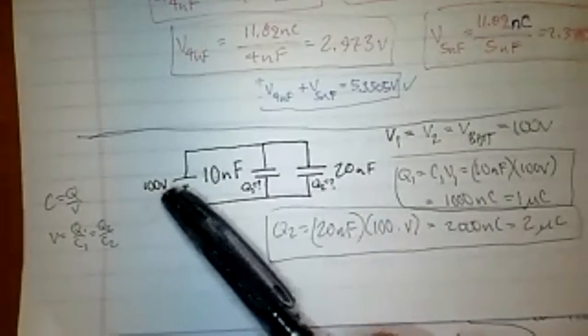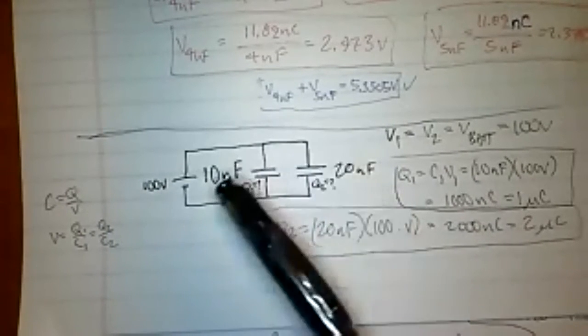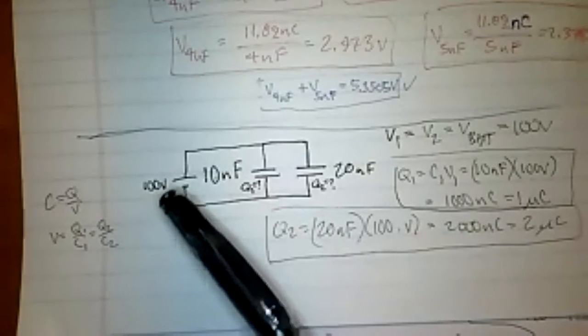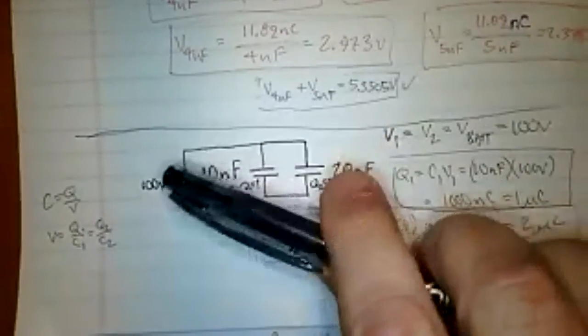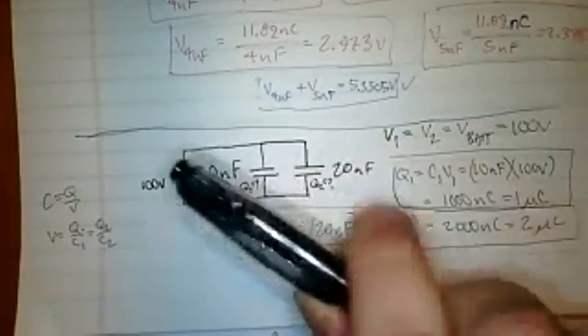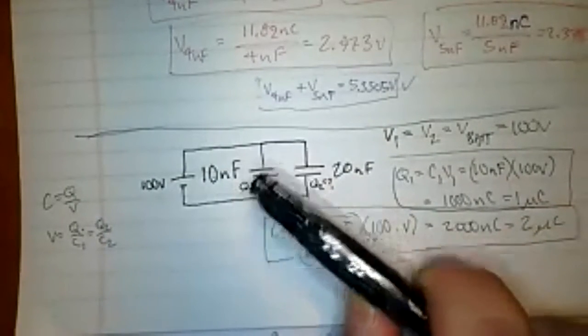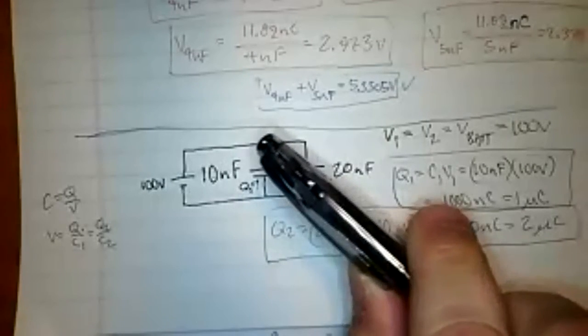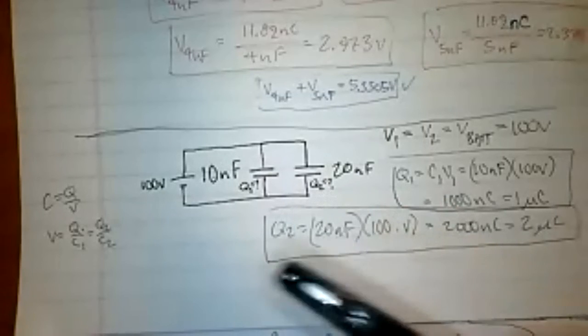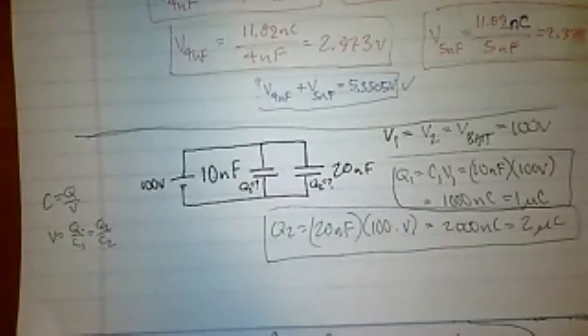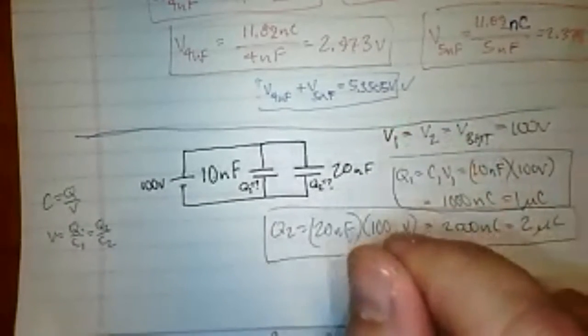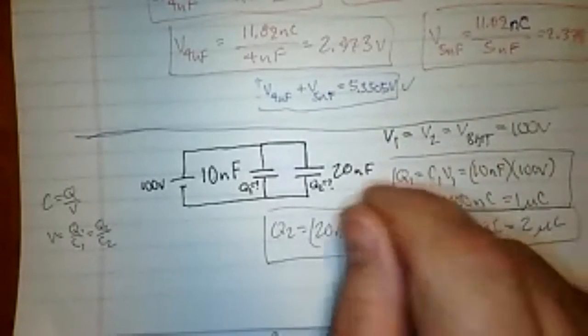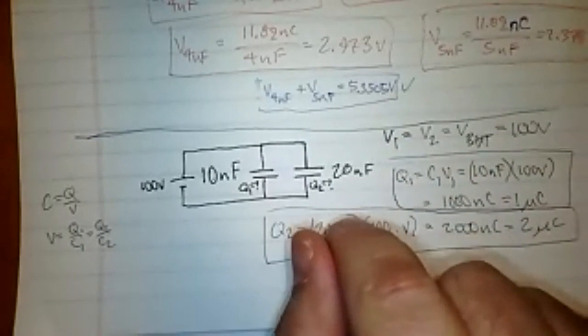The battery set up the same voltage for each of those, 100 volts, but because one has a higher capacitance than the other, we expected a dissimilarity between the charges, because capacitance relates charge to voltage. They can't have both the same charge and voltage if they're different in capacitance.